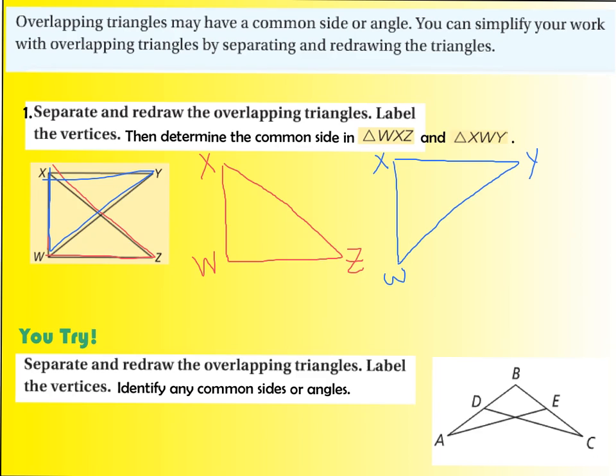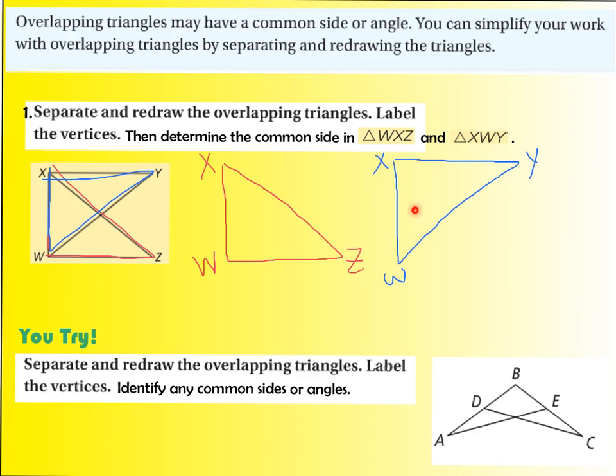So I separated them, I renamed my vertices accordingly, and the common side in both of them, I see that both have this common side of XW or WX.